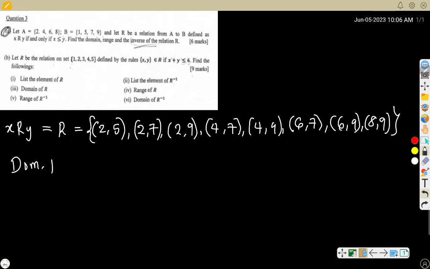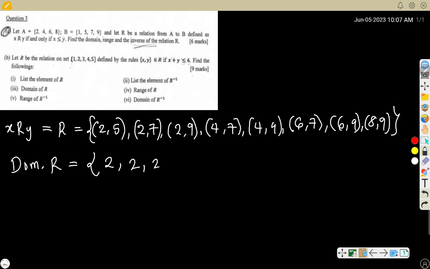We shorten it: domain of R is equal to, so all the first members here will be your domain. So the domain of R will be 2, comma. I won't write 2 again, I have 2 here, 2 here, 2 here.